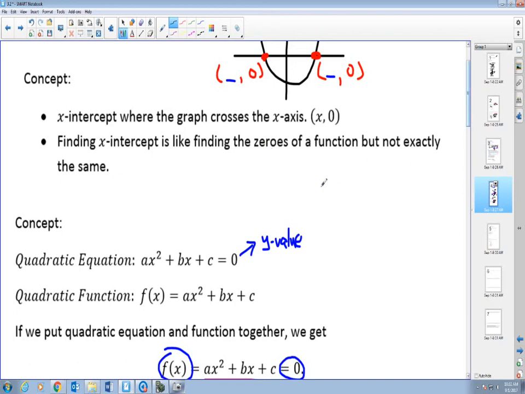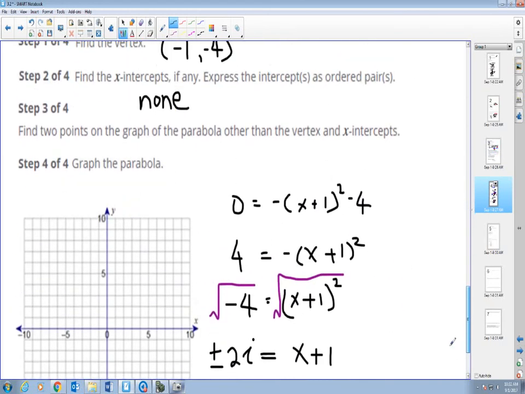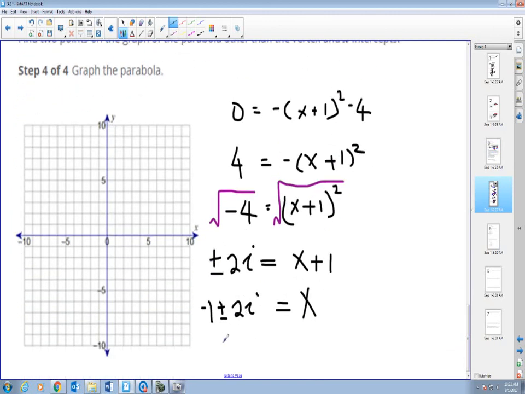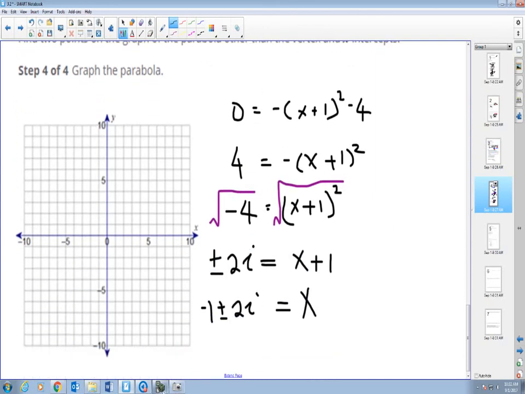So what we just did is actually finding the zeros of a function, which is not quite finding x-intercept, because my x-intercept is actually none. I don't have any, but I do still have zeros of a function. All right, we can still graph this. We just got to use different points.